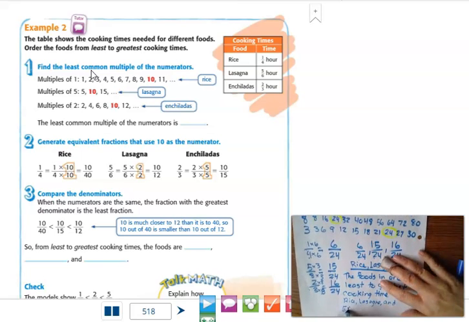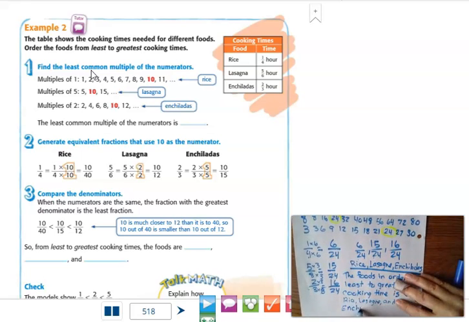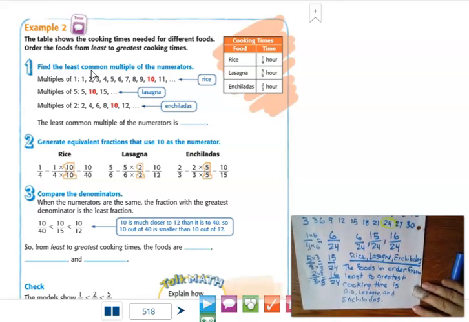Why did I capitalize those? Because I really like them. Bad capitalizing. But you get the idea. The foods in order from least to greatest cooking time is rice, lasagna, and enchiladas. That's how example 2 would be done, and I've already used 15 minutes.